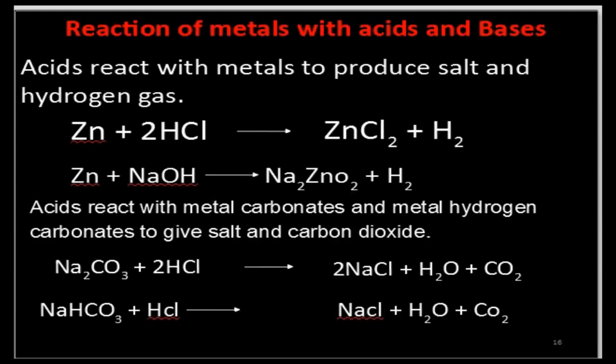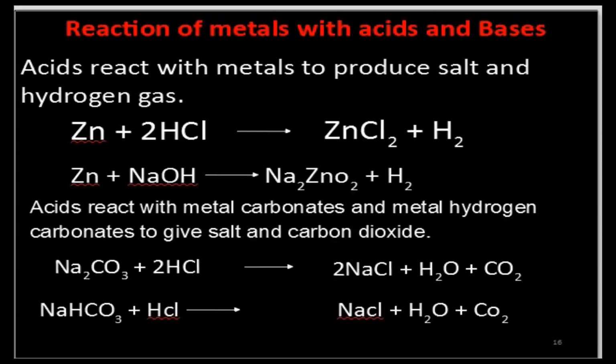In the same way, acids react with metal carbonates and metal hydrogen carbonates to give salt and carbon dioxide. When metal carbonates such as sodium carbonate react with hydrochloric acid, it gives the salt sodium chloride and water, and carbon dioxide is liberated.